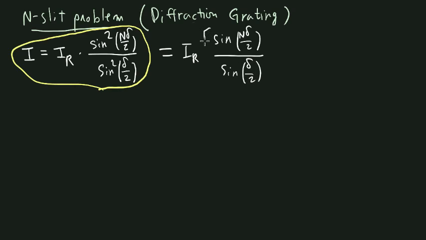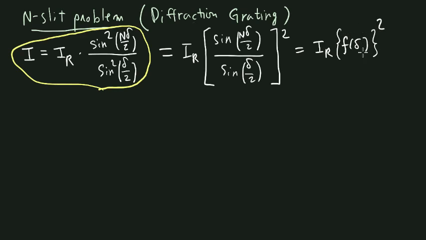So we will rewrite it as that, and so this can be written as I_R, let's say f of delta, squared. So f of delta is basically what's inside here.